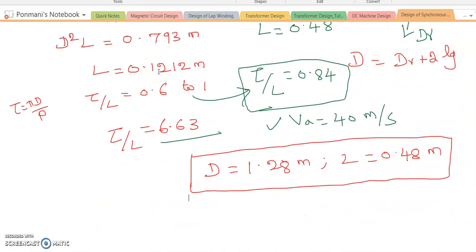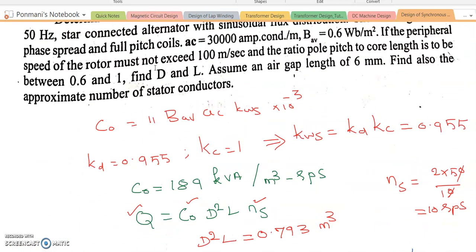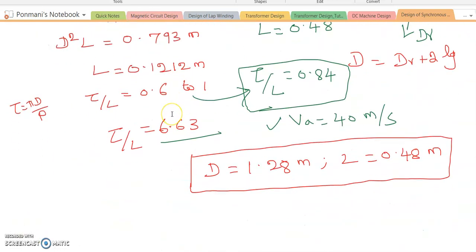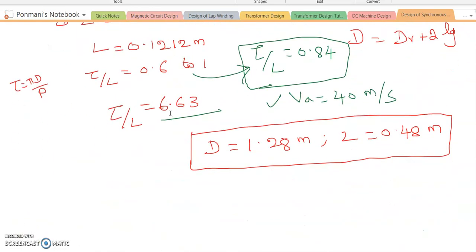Then we also need to find the approximate number of stator conductors. Stator conductors we will be finding by knowing the turns per phase. The equation to find turns per phase, T phase, is E phase divided by 4.44 phi f Kws.